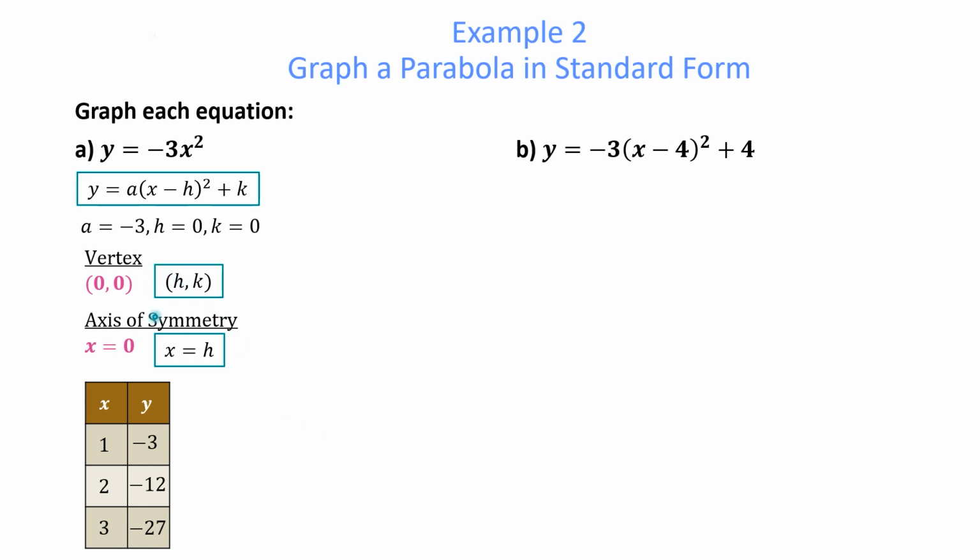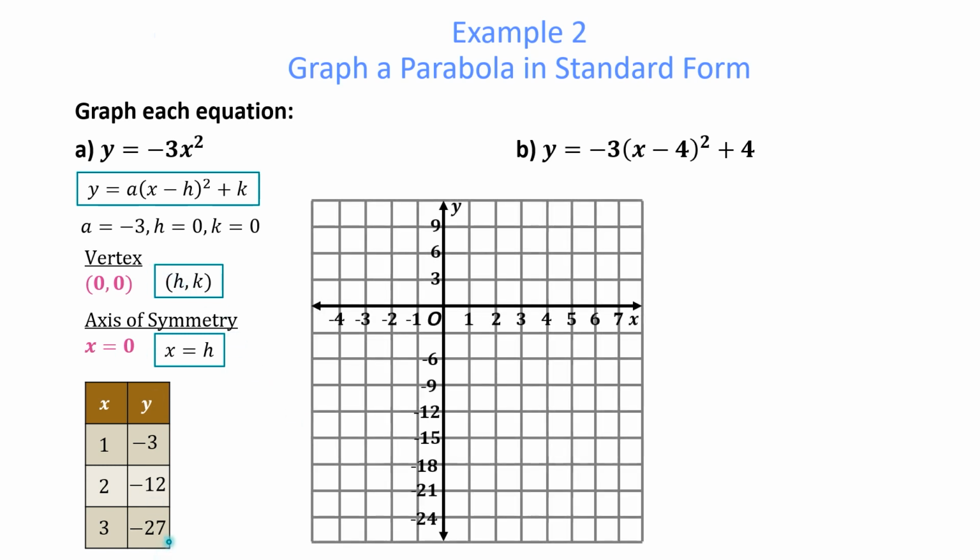We can now use this information to finally draw our graph. So we have the vertex with coordinates 0, 0, and we can draw in these points over here. So we have 1, minus 3; 2, minus 12; and 3, minus 27. Now, because the parabola is symmetrical, we can find the other points by reflecting in the line x equals 0.